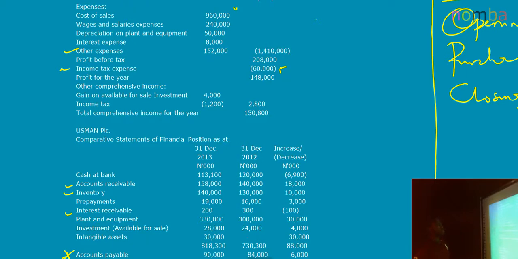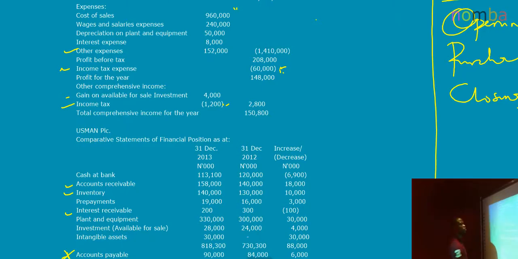However, if you look a little further down, you will see there is another income tax, which is the income tax relating to the item of other comprehensive income, which is this gain on available for sale investment. That will be considered as well. And have they been paid? Have we fully paid each of these?